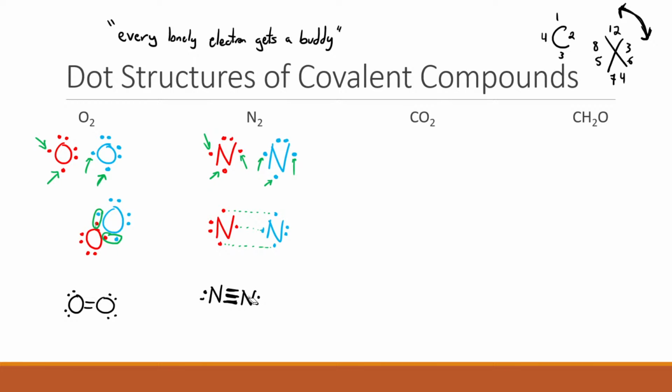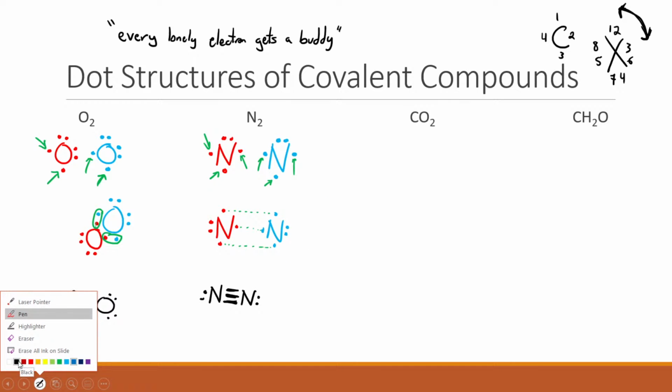Right, triple bond is the highest that we can get to, sharing 6 electrons between 2 atoms. A quadruple bond can't happen, it's impossible. And so those are the only types we can play with. Double bonds are more common than you think, as we're going to see in our next 2 examples.